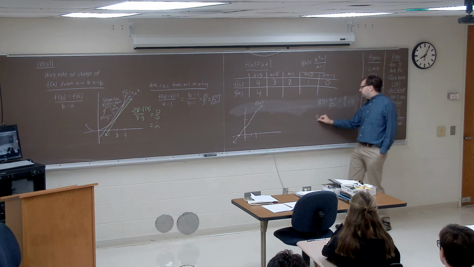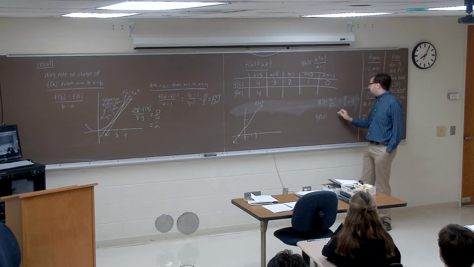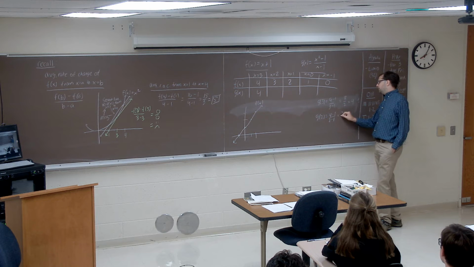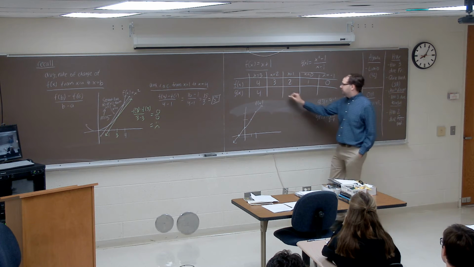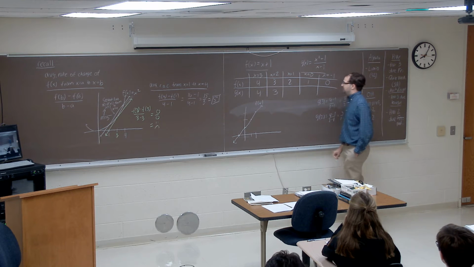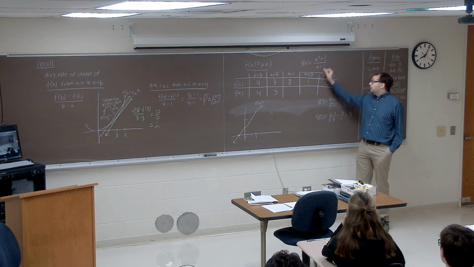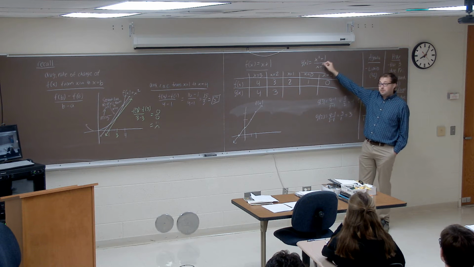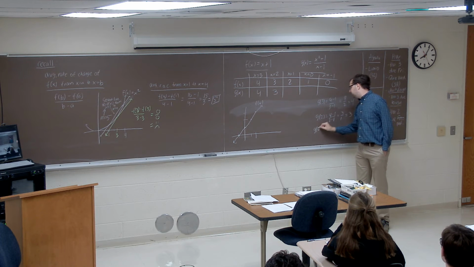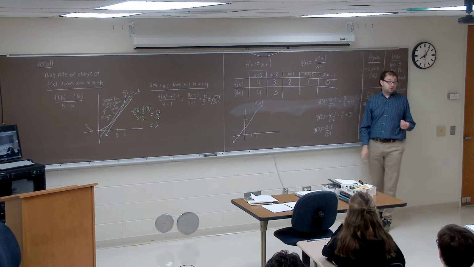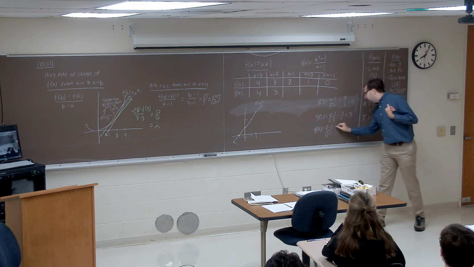When I plugged in g of 2, I got 2 squared is 4 minus 1 over 2 minus 1, which I got to be 3 over 1, which is 3. Okay, that's interesting. When I plugged in 0, I got 0 minus 1 over 0 minus 1, using the fact that 0 squared is just 0 times 0 is 0.